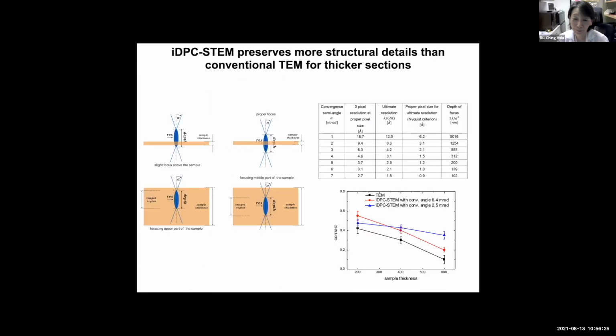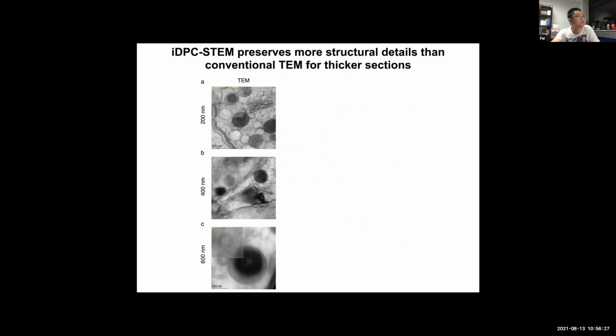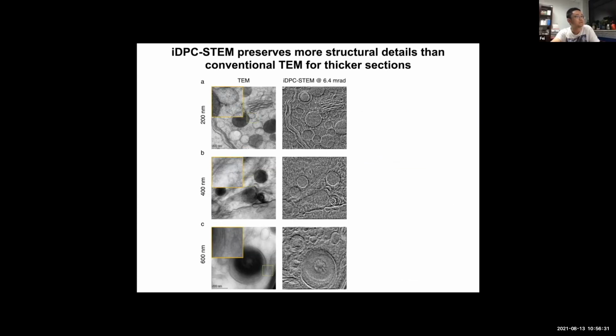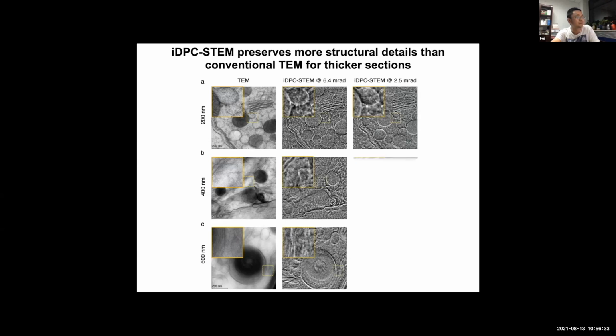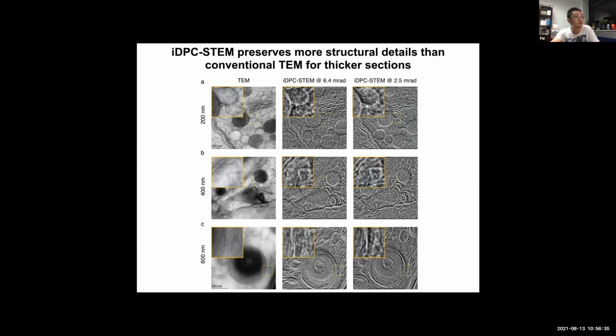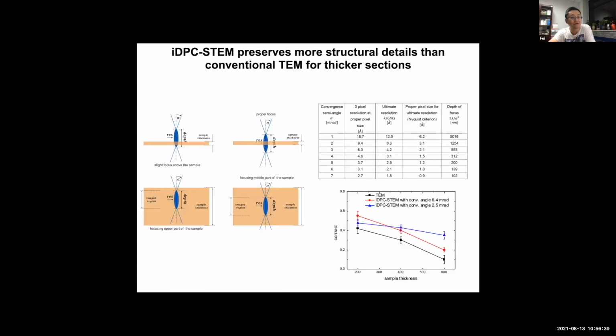Okay. So this is the third experiment, about the thicker section. So RTP STEM can also give a good contrast for thicker samples. So this is just some explanation of why RTP STEM is suitable for thicker samples, and we can have more discussion later.